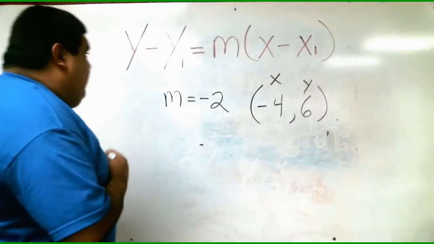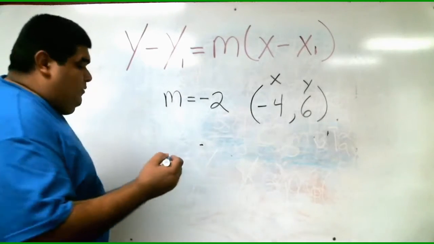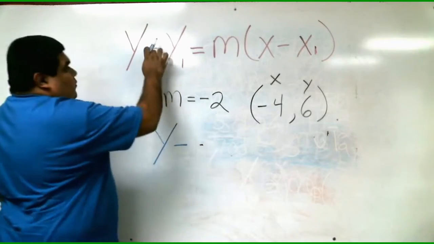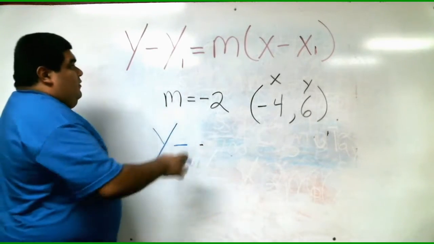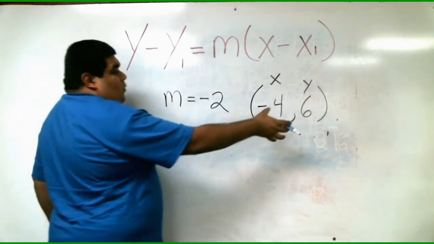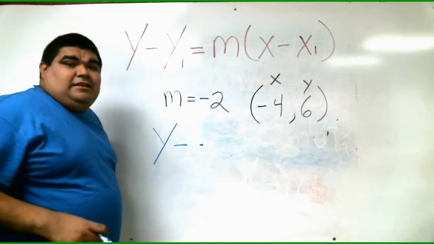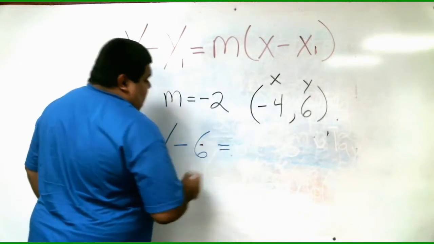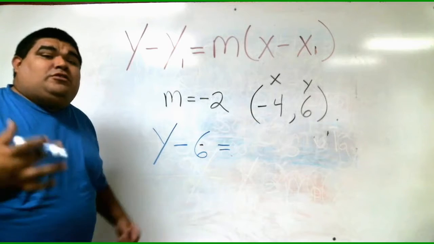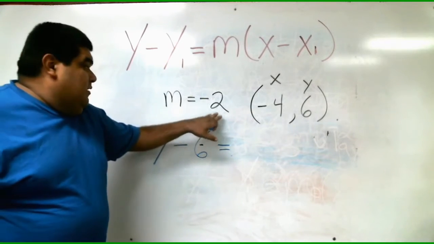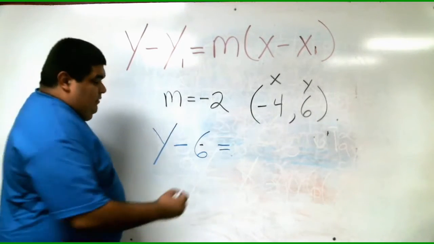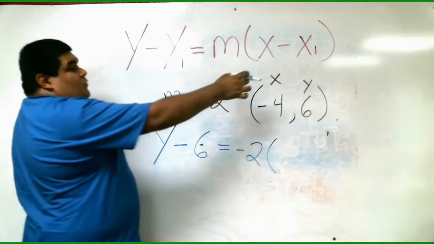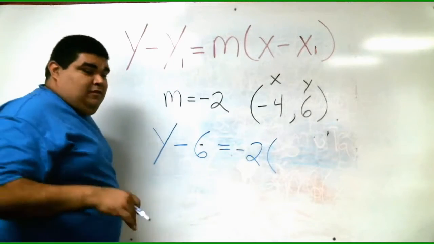So we have y, because it's just a regular y, minus, because the equation is minus, y1. According to our y, our number to plug in is 6. Equals our m, or our slope, which is already given to us, which is -2, right? Good. So -2 parentheses. Again, we leave the x. It's just an x.